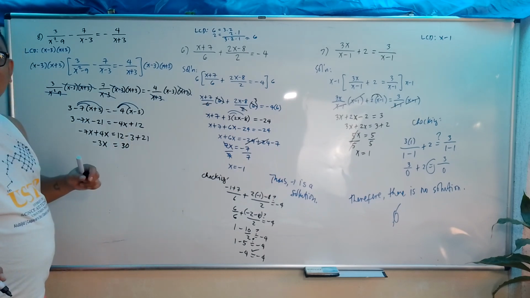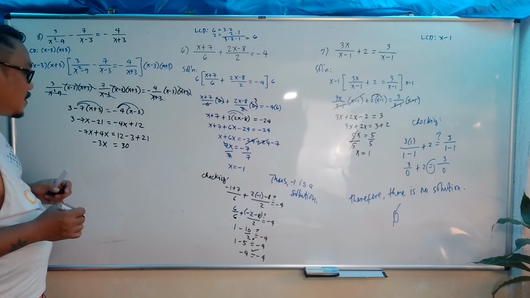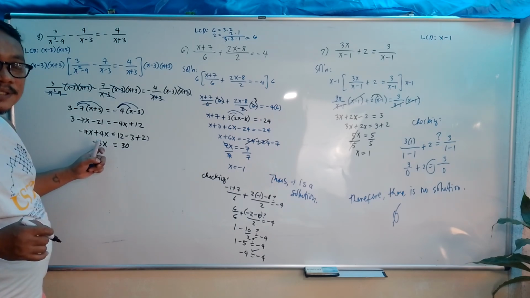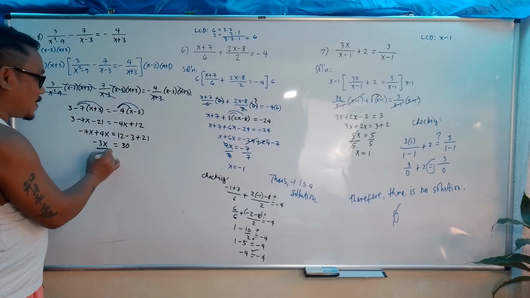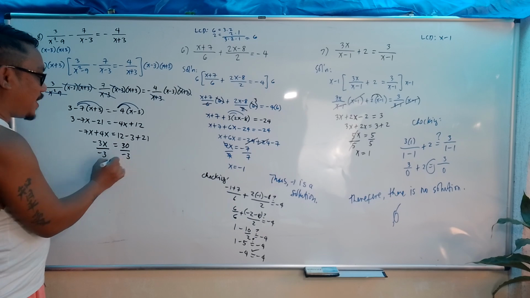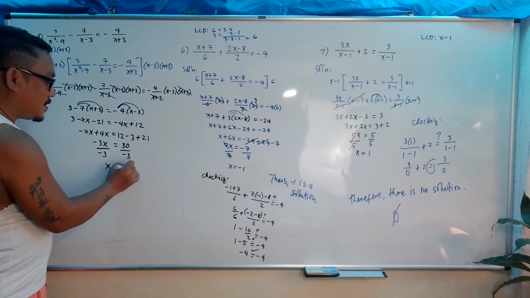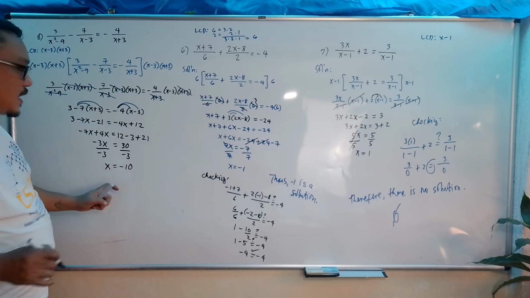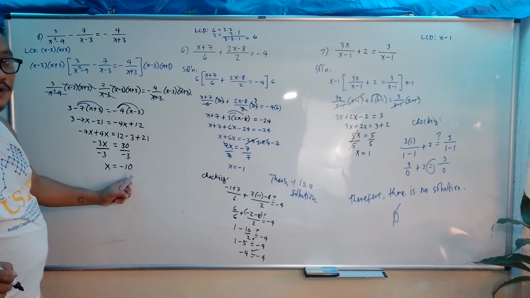Correct? No? Correct, no? Okay. So, we need to solve for x. X is equal to what? I-divide pa nato og negative 3. So, x is equal to negative 10. Okay? So, negative 10 is a possible solution.